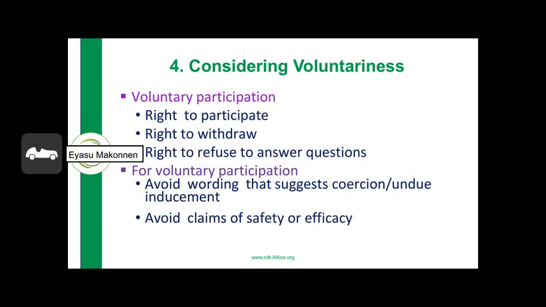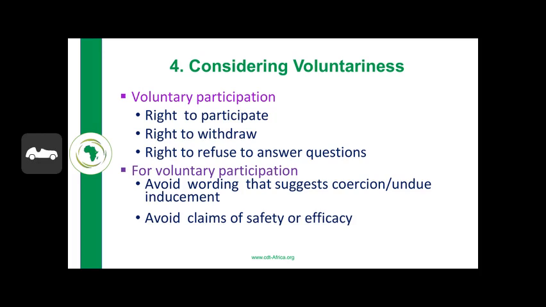After making sure that the participants have understood the information given, we need to tell them that participation is voluntary. We have to tell them that participants have the right to participate or not. We have also to inform them that they can withdraw at any time, even after getting involved.